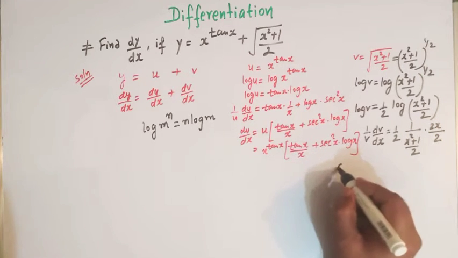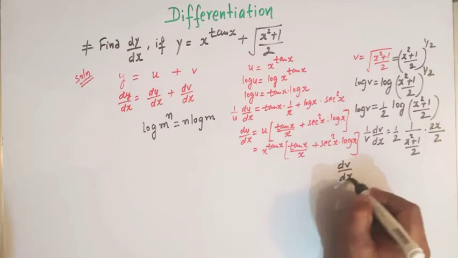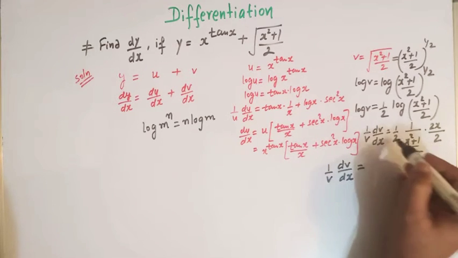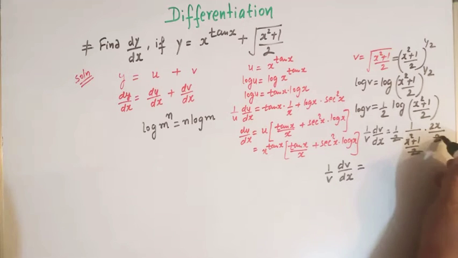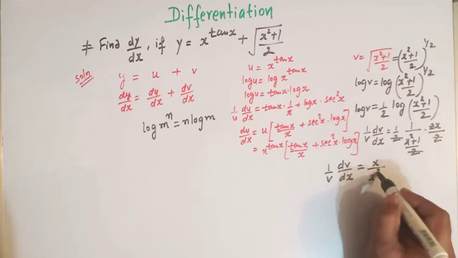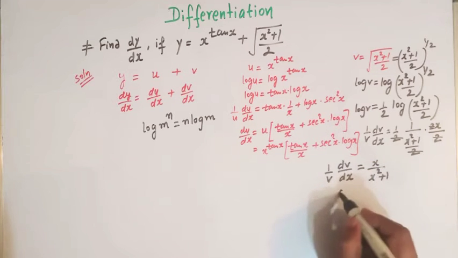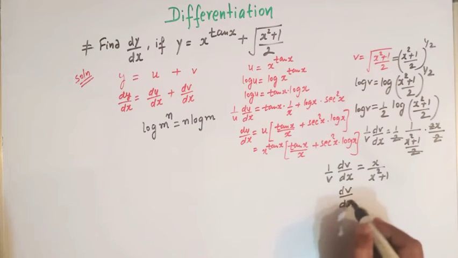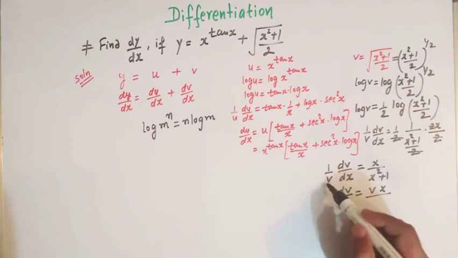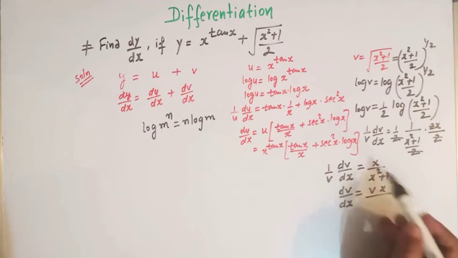So we have dv over dx, and here we have 1 over v, 2 and 2 get cancelled, here 2 and 2 get cancelled, so we have x over x square plus 1, and dv over dx can be written as v times x over x square plus 1, multiplying this expression by v.